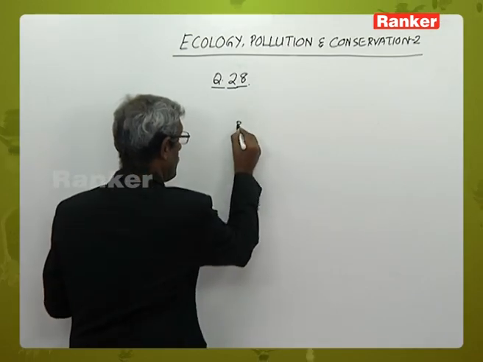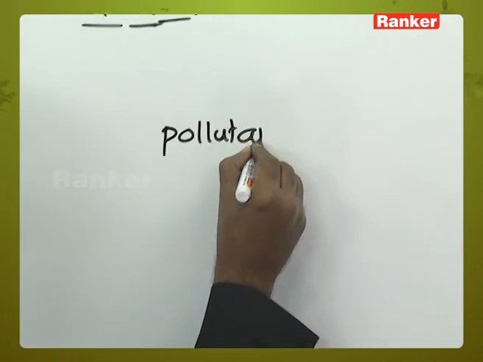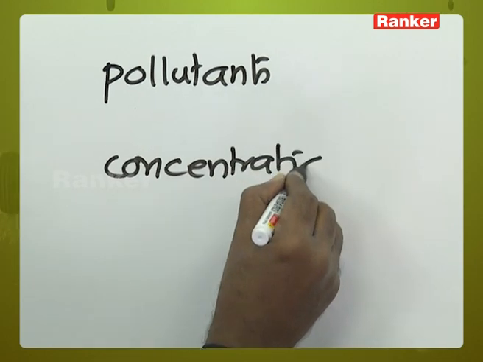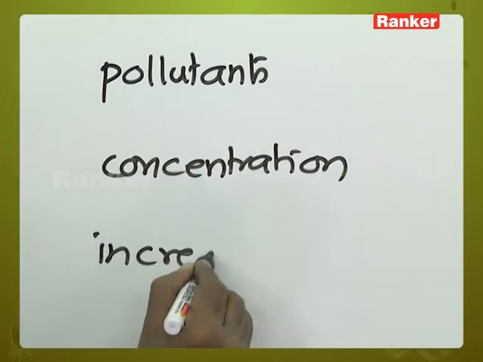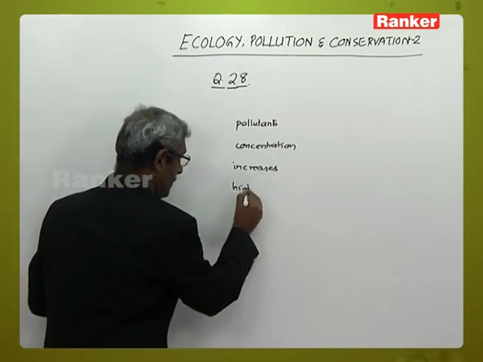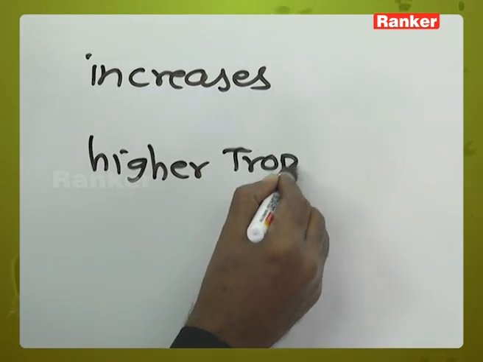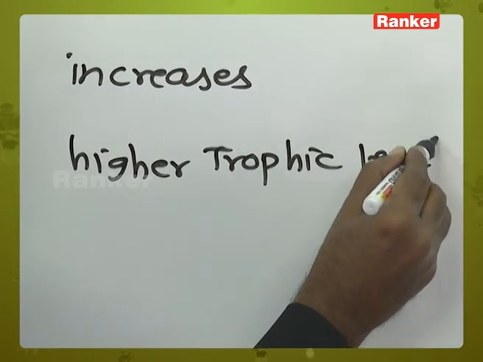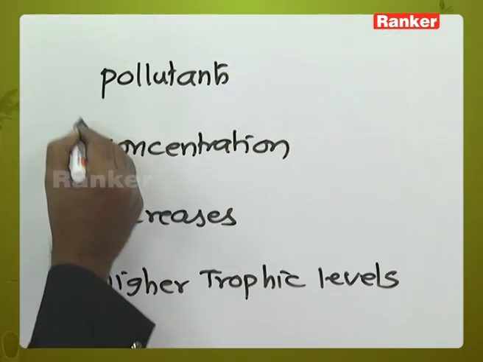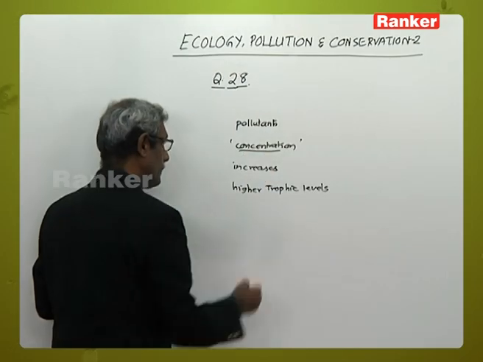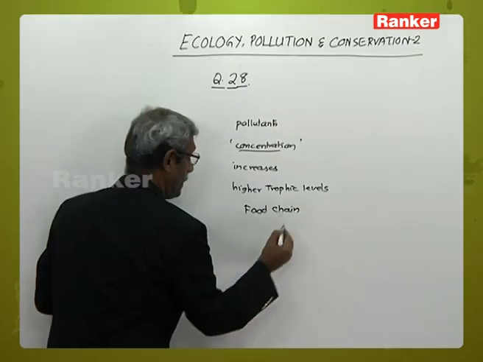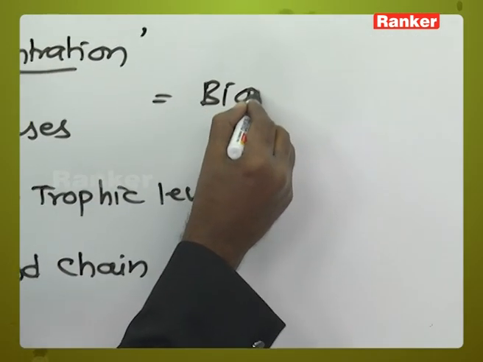Whenever pollutants and their concentration increases, especially in higher trophic levels, where the nutrient energies are more high, this process of pollution concentration in a food chain is termed as biomagnification.